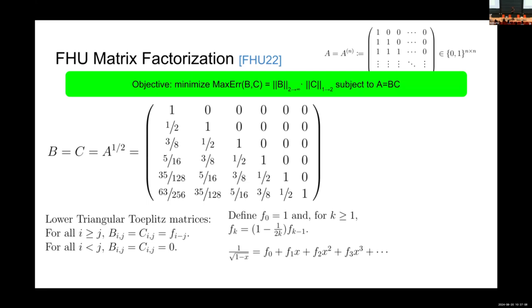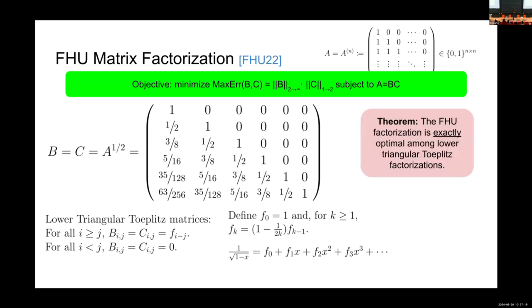And if you want to know where this comes from, basically it's the Taylor series of 1 over square root 1 minus x. And we call this the generating function. And what's interesting, and this is a result that we show, is that this factorization is the exact optimal factorization if you restrict yourself to these Toeplitz matrices with these constant diagonals.